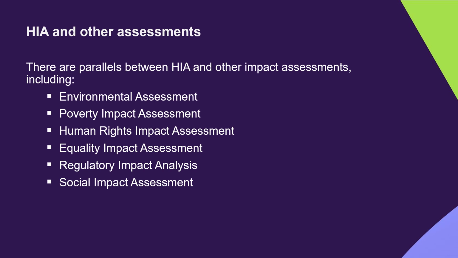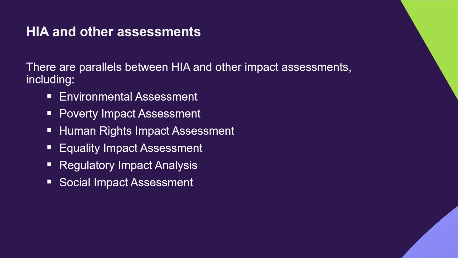Human rights can align with or relate to the determinants of health that can be considered within HIA, and a standalone health impact assessment may inform a statutory human rights impact assessment. Public bodies in Ireland and Northern Ireland are required to carry out an equality impact assessment.